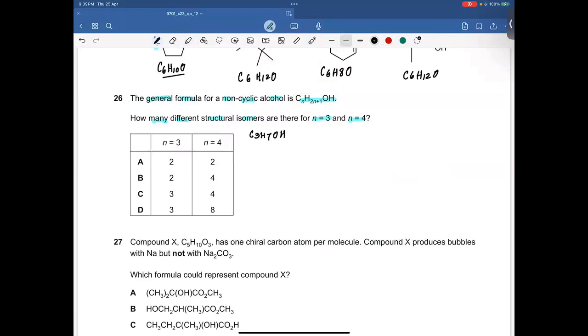So let me make the structure. 1, 2, 3. This is propan-1-ol. And let me make it like this. And this is propan-2-ol. And both are structural isomers of each other. All right. Because the examiner is looking for different structural isomers.